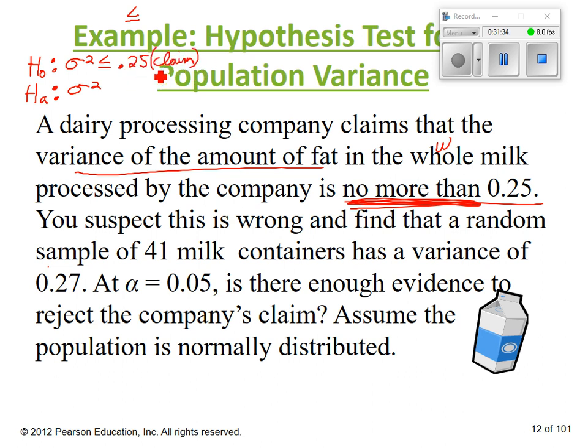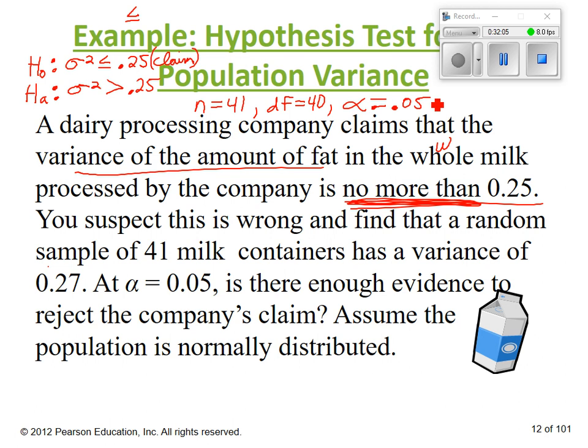Good. And then that means HA has to be greater than 0.25. Then I always write down all my other numbers, so this time we know N is 41. Well, if N is 41, our DF is 40. Our alpha equals 0.05.